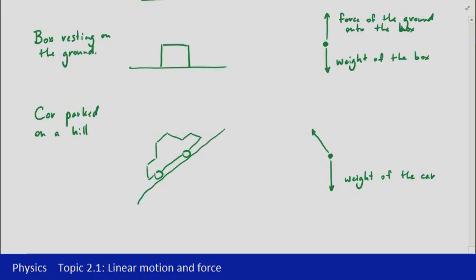So that will be the force of the road on the car. And because the car's not moving anywhere, there must be a frictional force acting up the hill, and that force vector is the friction between the tyres and the road.